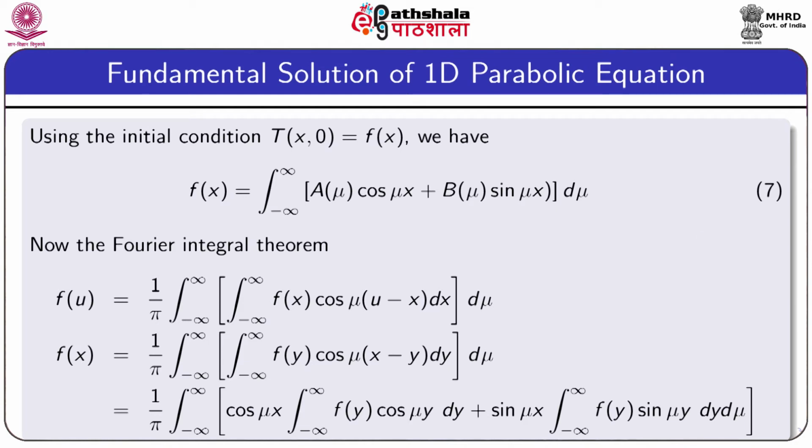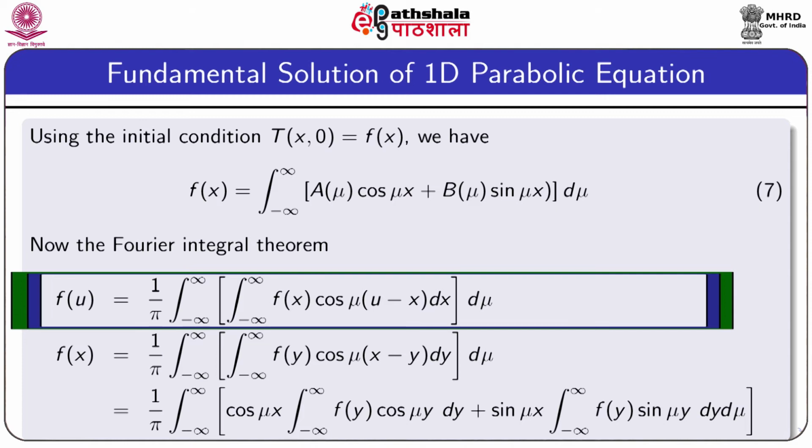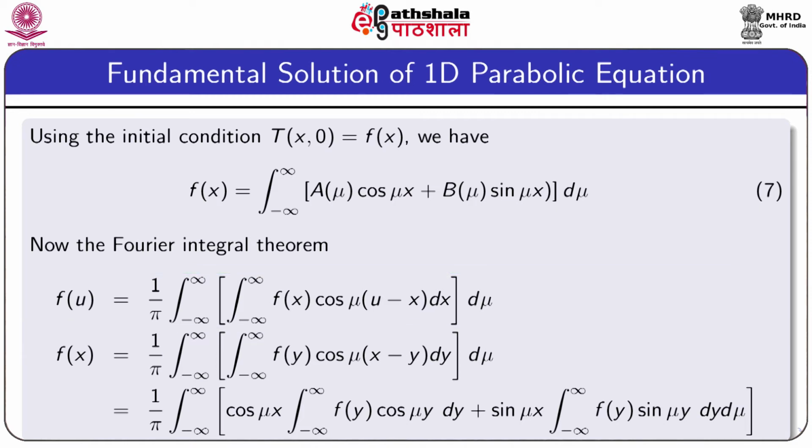If we see equation 7, we can use the Fourier integral theorem. The Fourier integral theorem says that u equals 1 by pi, integration 0 to infinity, integration minus infinity to plus infinity, f(x) cos mu (u minus x) dx d mu.